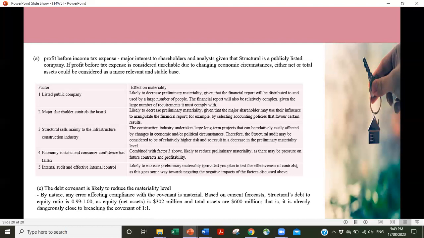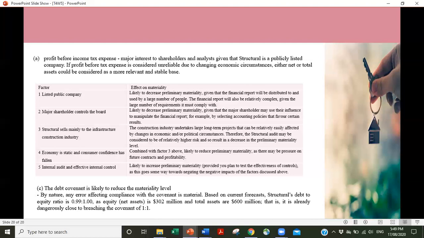Now, remember, preliminary materiality, and I think we're talking some more about materiality today, but the analysis of materiality, remember, it's an inverse relationship. So if the audit risk is lower, the materiality is higher. If the audit risk is higher, the materiality is lower.